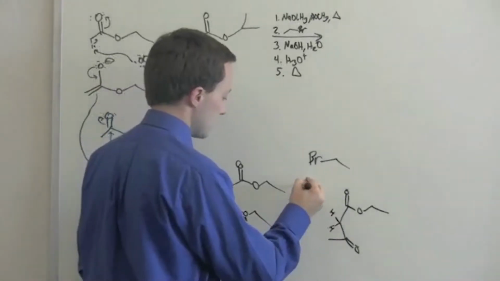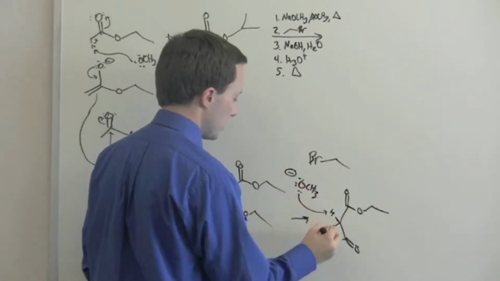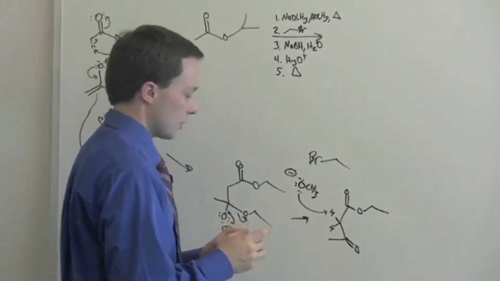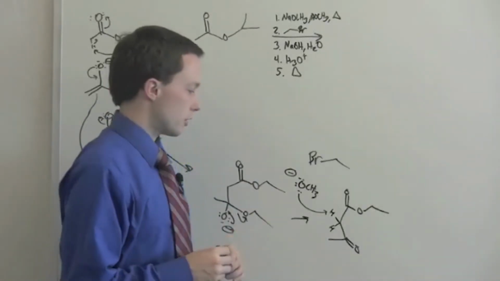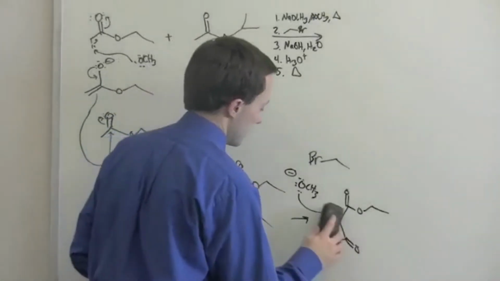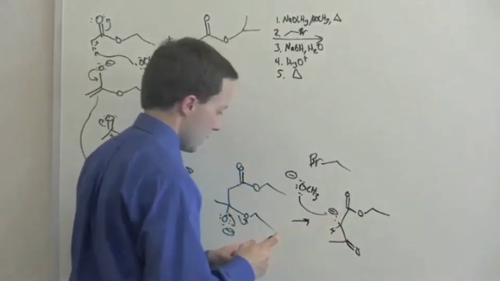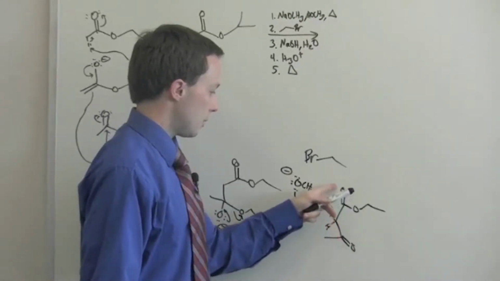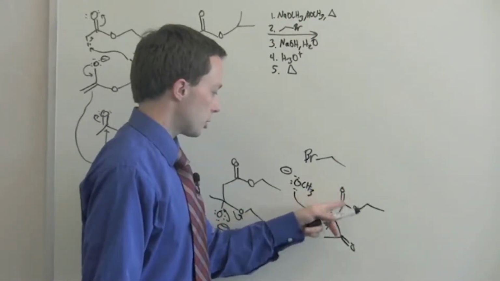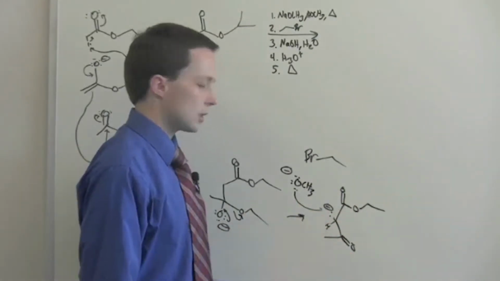So the base will subtract one of these protons, and the reason it does that is because it forms such a good resonance system. Because if we pull a hydrogen off, we have a lone pair there now. And the lone pair can push up to this position and make an enolate, and then push these electrons here. These electrons can push back down, breaking this bond. It can go over here and do the same thing, or it can just stay there.